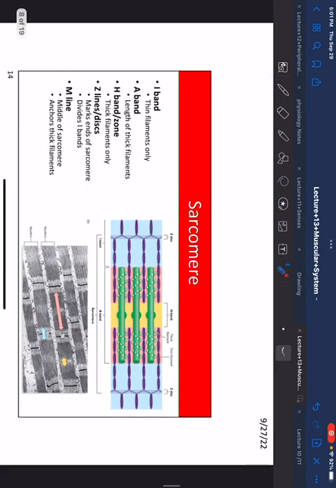All right. Looking at the sarcomere again, here we have our thick filament in green, our thin filaments in purple, and then the boundaries of the sarcomere are known as the Z discs, also sometimes referred to as the Z lines.